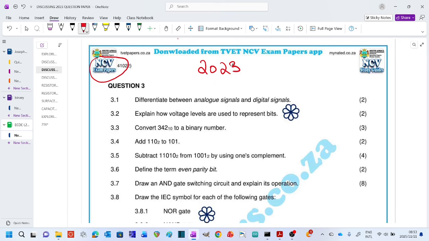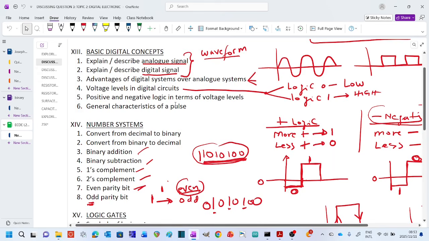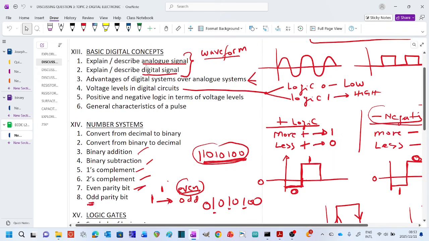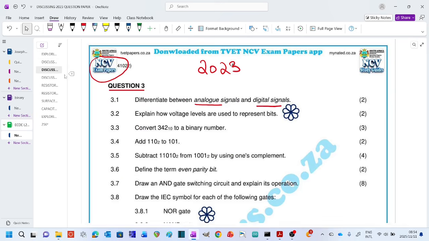2023 question paper, question 3. We're solving question 3. Differentiate between analog and digital signals. We've discussed this. You will notice in our guideline here, as we're discussing, this is module 13, basic digital concepts. You have to explain the difference between an analog signal and a digital signal.